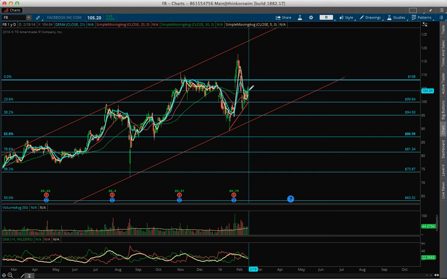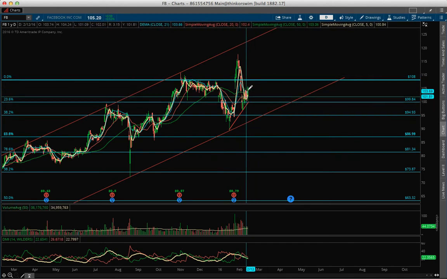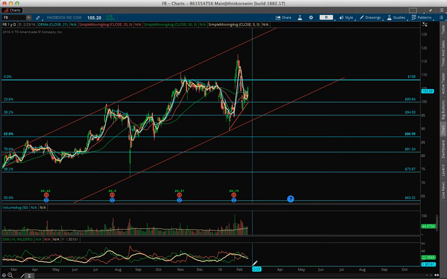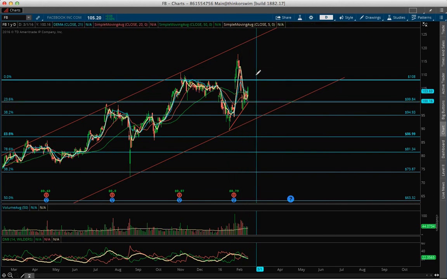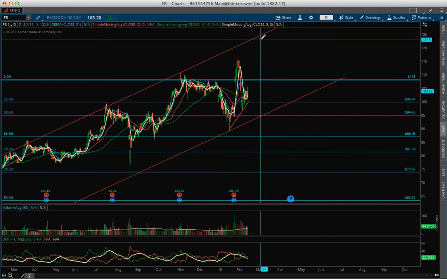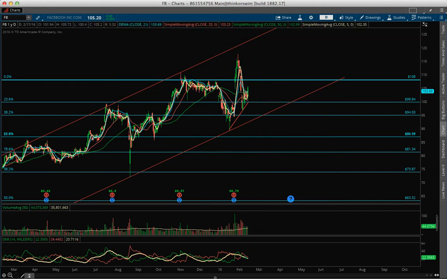Tomorrow we need a confirmation of this little sideways right here about today's high, which was 105.72. So we want tomorrow to move above that level, so we can have a good day on Facebook, a little explosion, a little pop right here. That's what we need. The volume was very good today, 44 million.